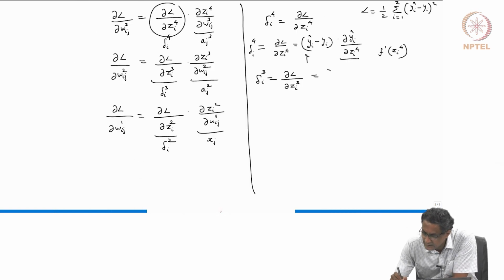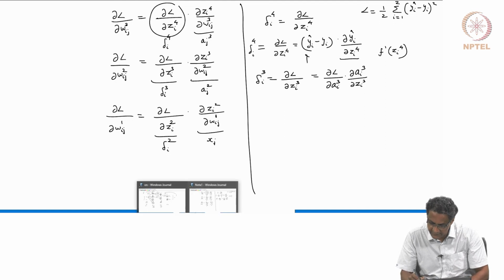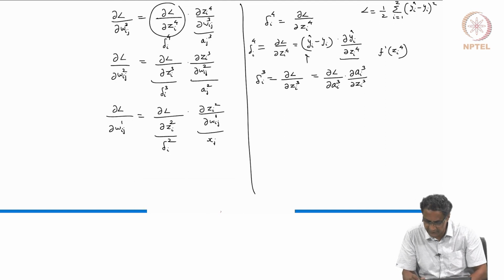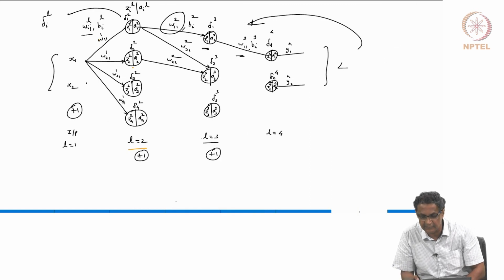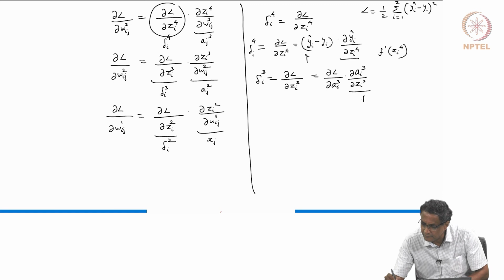Now, if you change zi3, what gets affected is ai3. And in fact, ai3 is f of zi3. Therefore, this is simply f dash of zi3.